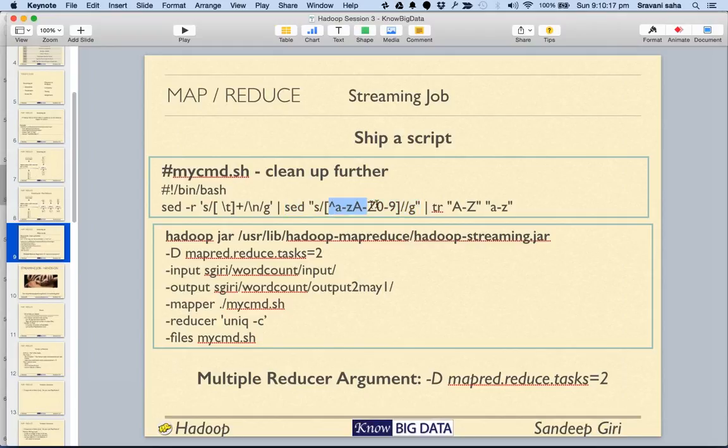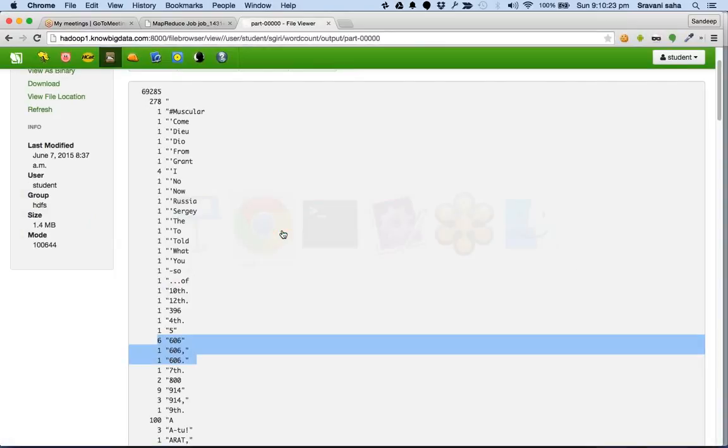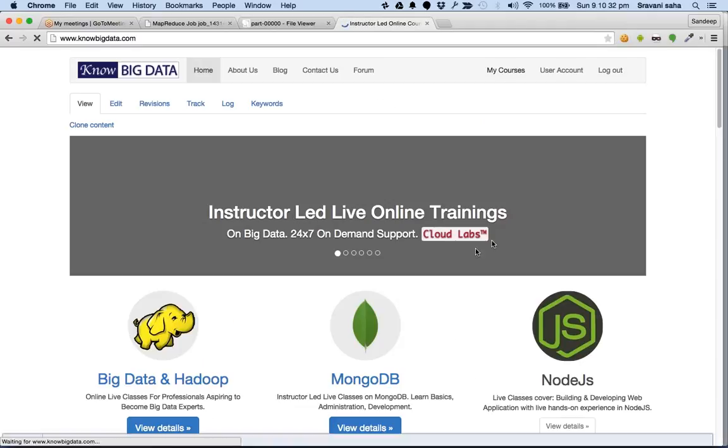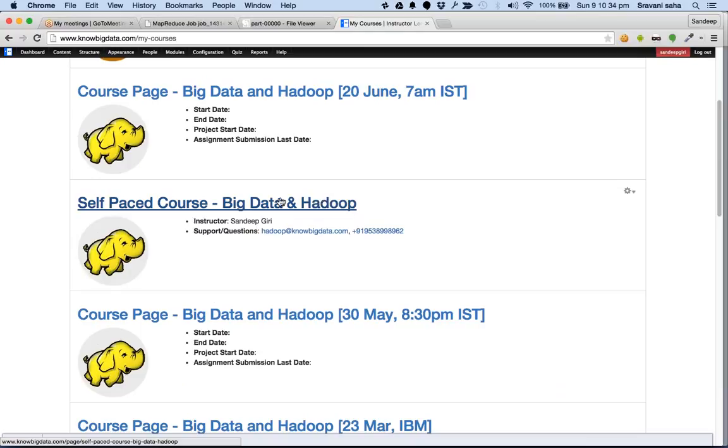Have you gone through my regex class? Have you gone through my regular expressions class yet? If you have not, make sure you finish that class. Probably that will be very useful to you.